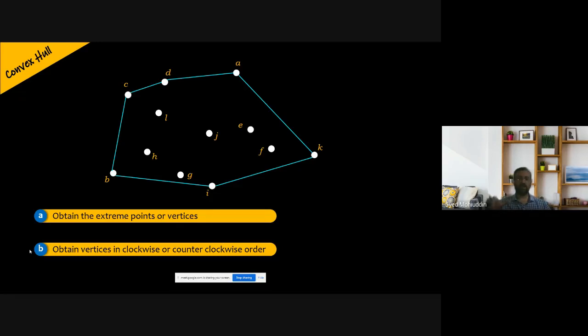If you tie that rubber band on the outer vertices, whatever those vertices are, those become the convex hull, and all the points will lie on the convex hull or inside it. So we have two approaches: we can move in a clockwise direction, or we can also use a counterclockwise direction.